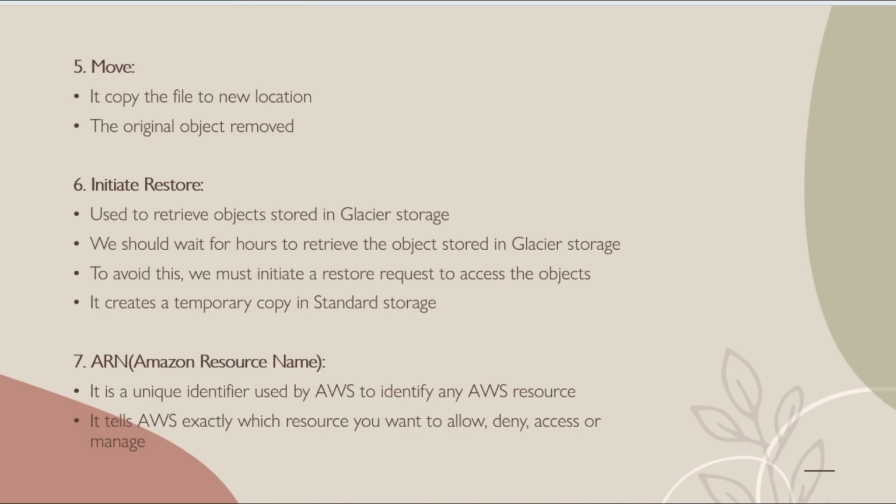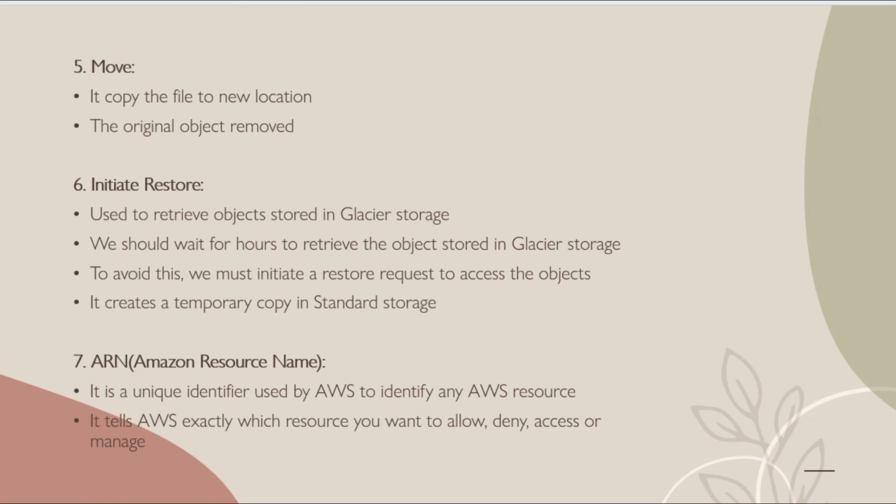But if I want to retrieve the data from that storage class, I will have to wait for many hours. So if I want to avoid this kind of situation, then I must initiate the restore request. Then I can retrieve the object from that storage class very quickly.